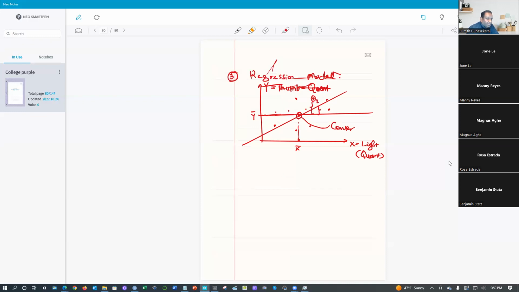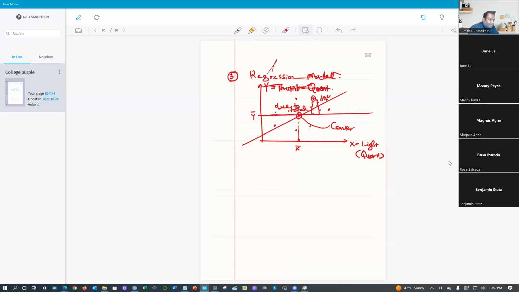Look at three gaps. This one is due to total, this one due to error.